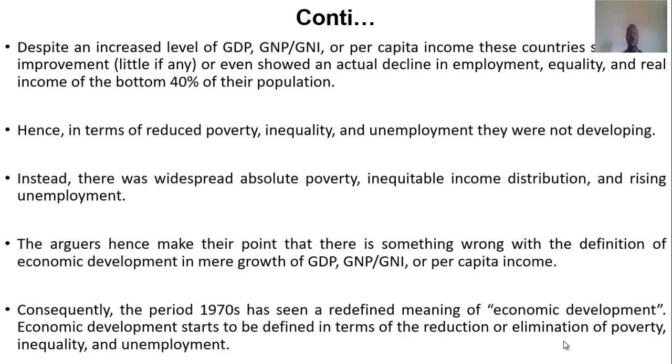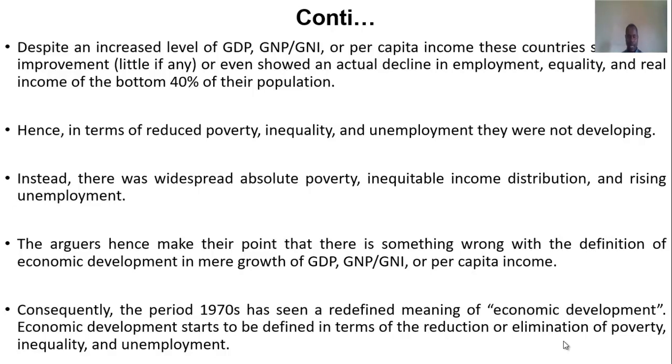This is what was observed in the 1950s and 1960s. The critics hence make their point that there is something wrong with defining economic development as mere growth of GDP, GNP, GNI, or per capita income. They questioned the definition of economic development in terms of these parameters.